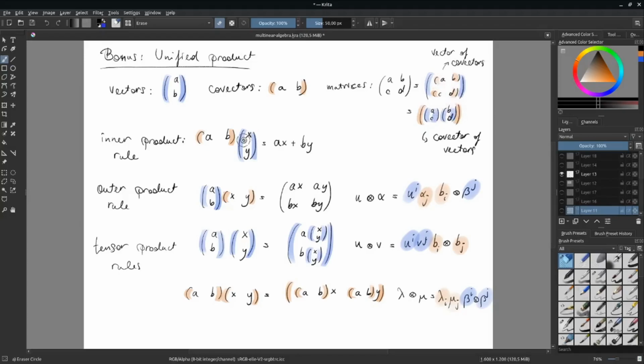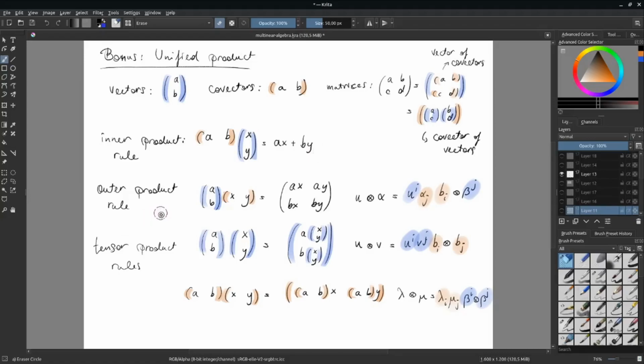And so I can define rules for taking products. I'm only taking two elements, but it shouldn't be too tricky to generalize. The first one is the one we know and love, the inner product rule. When I have a covector times a vector, that's simply the sum ax times bx plus ay times by.